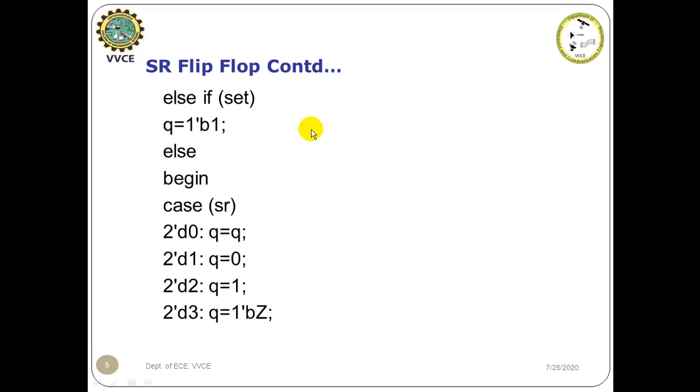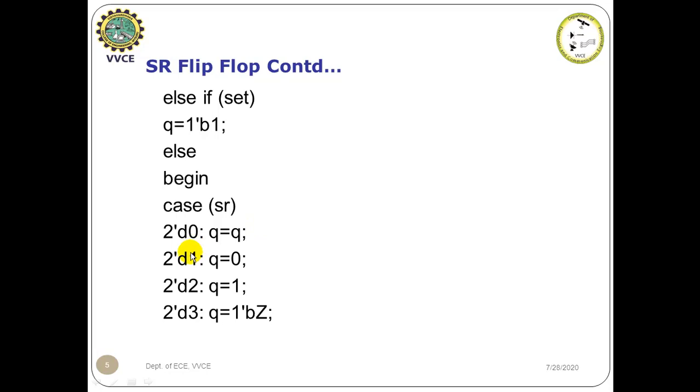After this step, I am entering into the case statement. I am testing my concurrent input SR. Since I am using SR as a 2-bit combination, I am testing for 2-bit decimal 0. When 00, Q equals Q, and Q bar is the complement of this.